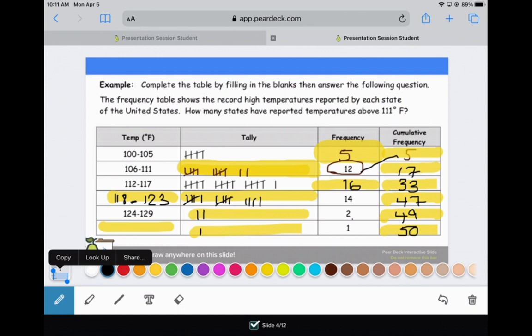And the other one is 130 to 135. It goes by 5, so we know the class width is 5, right? We also know that the lower limit right here, 118, is 1 more compared to this one right here, 117.